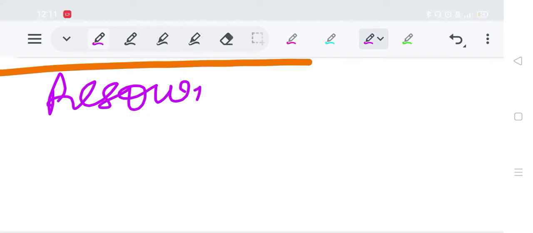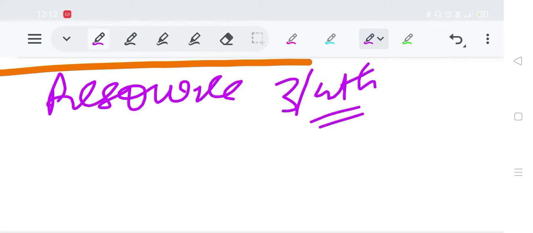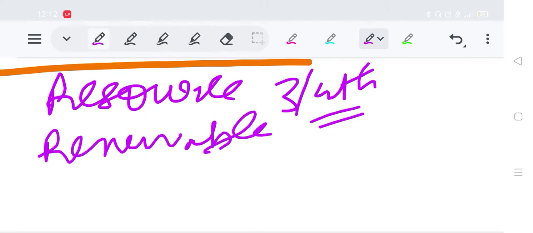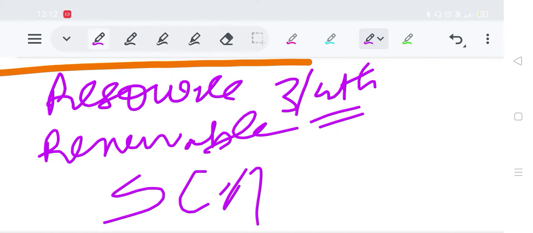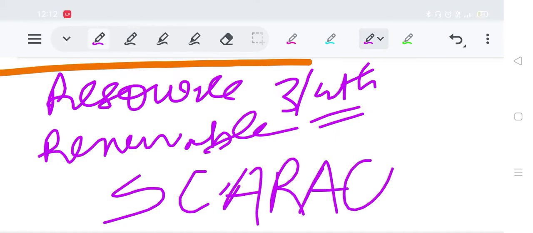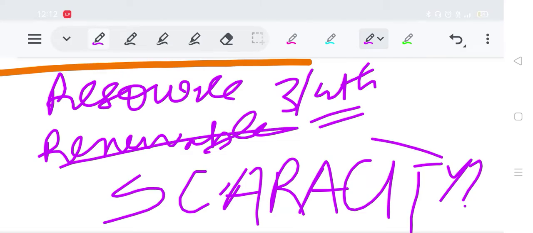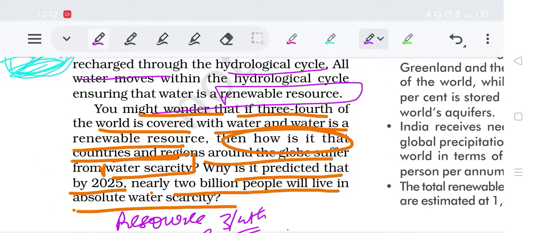So they are asking that you have a resource which is water, which is three-fourths present on the earth's surface, and you are saying it is renewable. So why is there scarcity? If you have a resource and you know it's renewable, why is there scarcity?